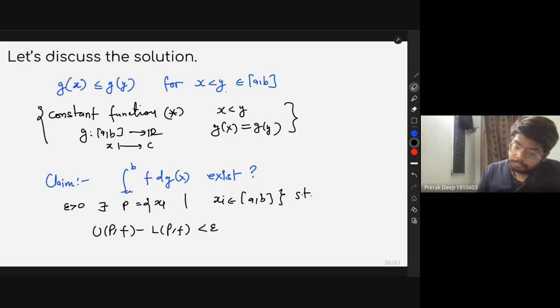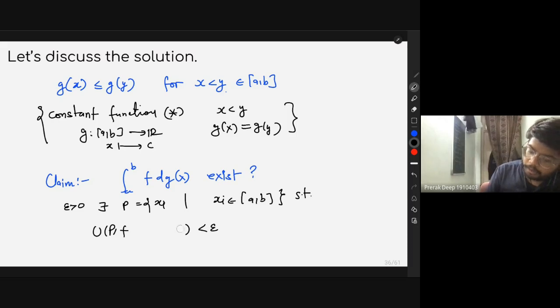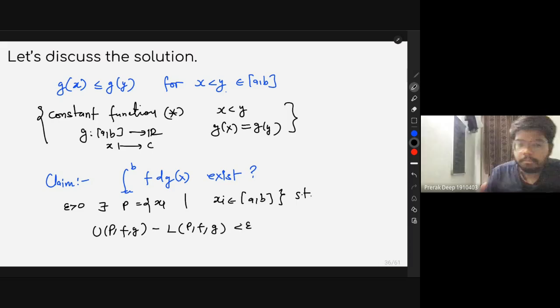Sorry, because we are talking about the Stieltjes integral, there is a part of g also involved. This is smaller than epsilon.